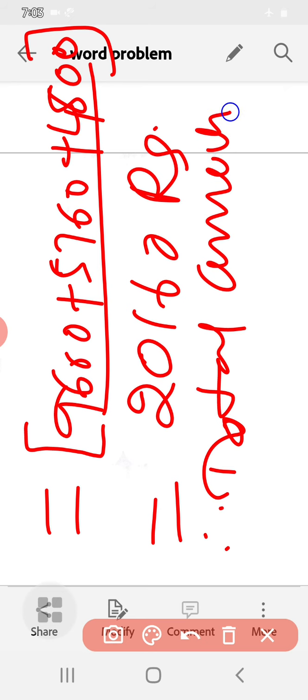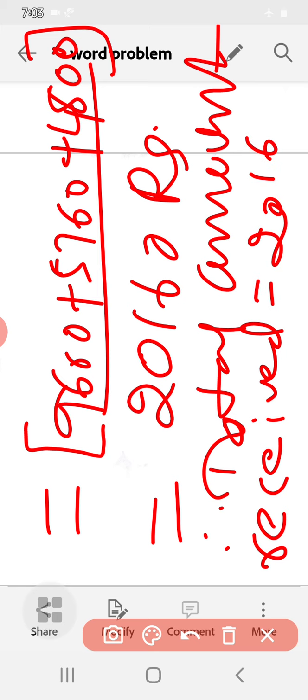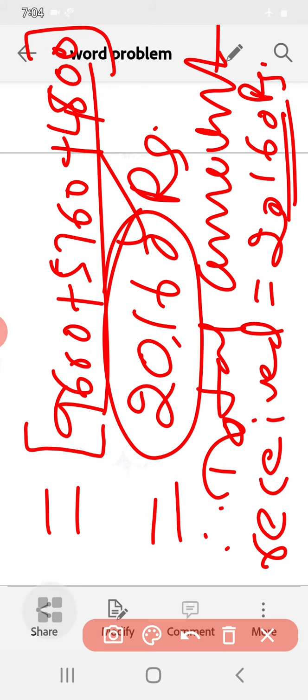Therefore, the total amount received is equal to 20,160 rupees. This is the application of matrix multiplication. This 20,160 rupees is the total amount received by the bookshop.